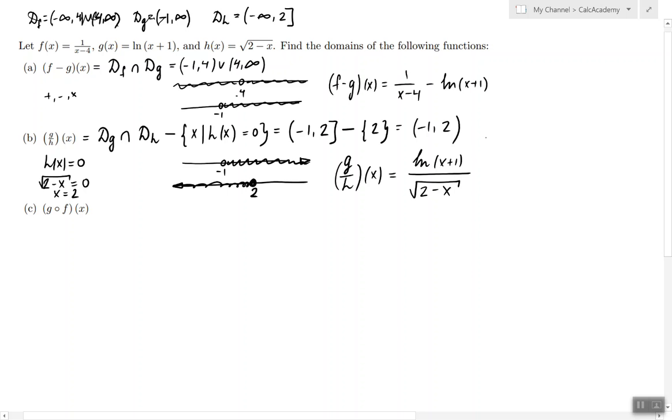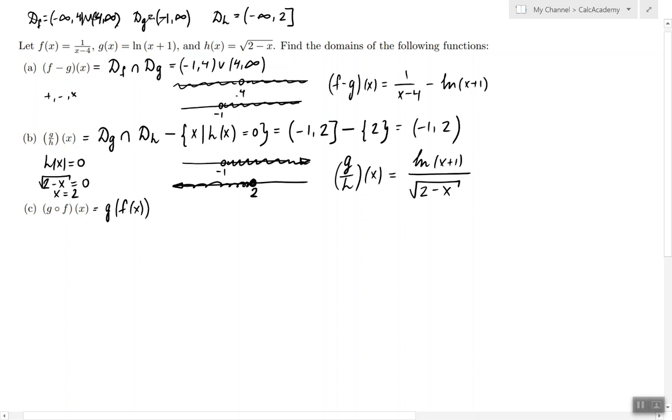Last one. To find the domain of the composition of g and f, we have to make sure that x is in the domain of f, because essentially this is what we have. x goes into f, and then the output of f has to be in the domain of g.